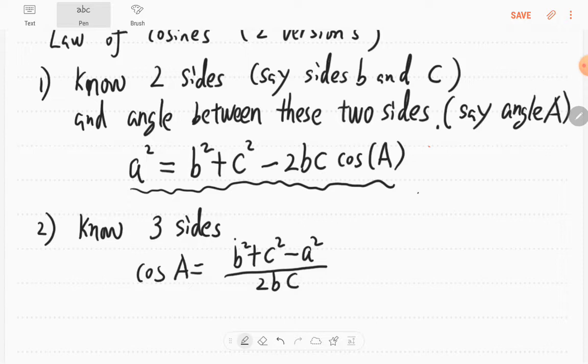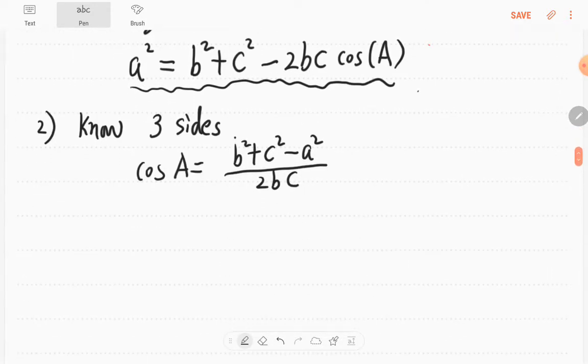If we want to calculate cosine B, it would be A squared plus C squared minus B squared, over 2AC. If you want to calculate cosine C, then it equals A squared plus B squared minus C squared, over 2AB.